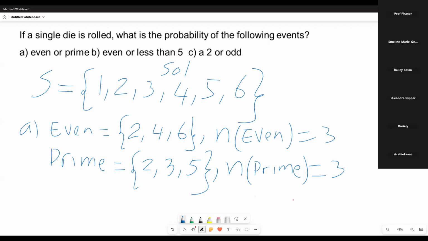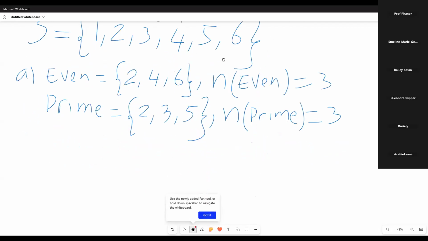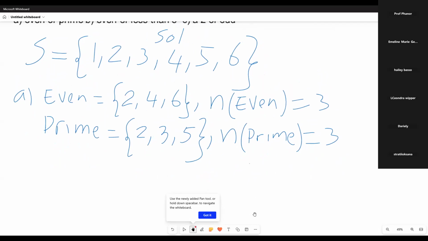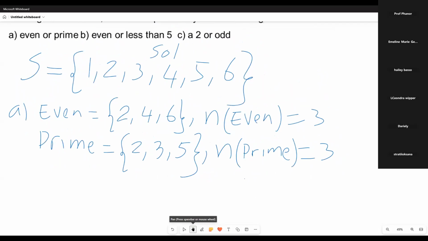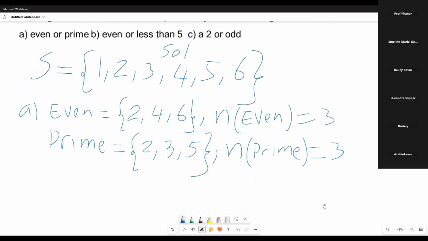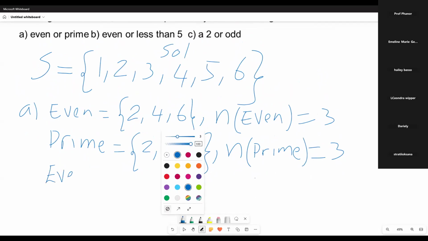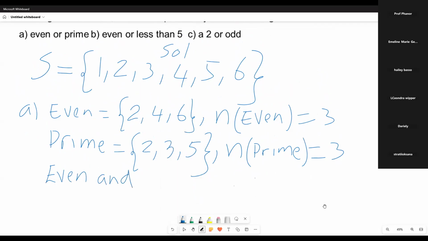So these two events are not mutually exclusive because they have the number 2 in common. Therefore, even and prime will be just 2. Make sense?